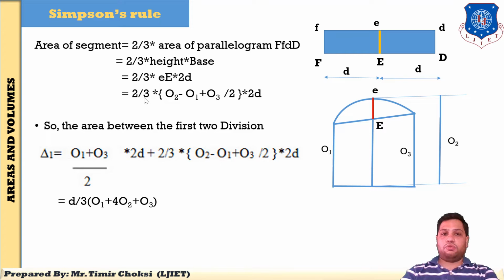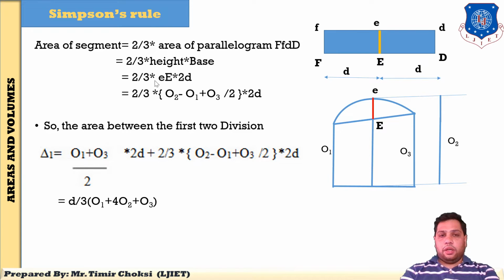So our equation is 2/3 into small e to capital E into 2d. To find small e to capital E, our offset is O2 minus the average of O1 plus O3 divided by 2.